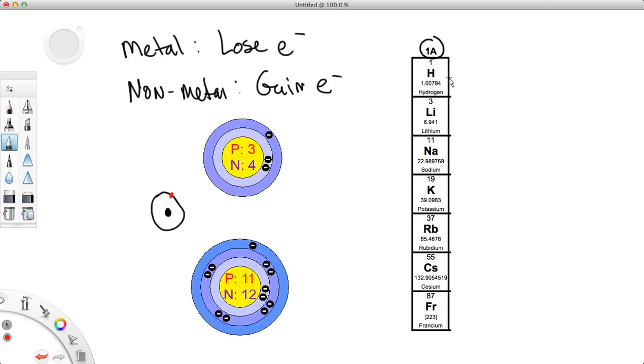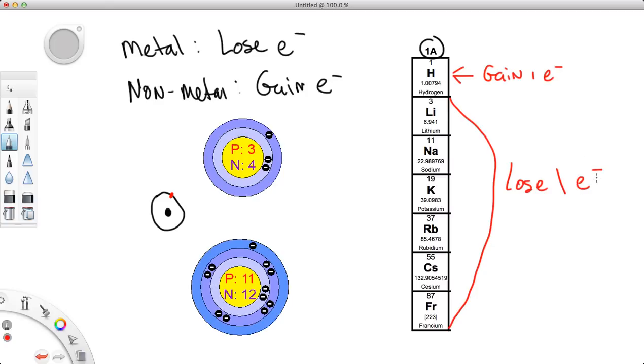Hydrogen is the only exception. He actually wants to gain 1. So this guy right here wants to gain 1, but all of these right here all want to lose 1. We're talking gaining 1 electron and losing 1 electron.